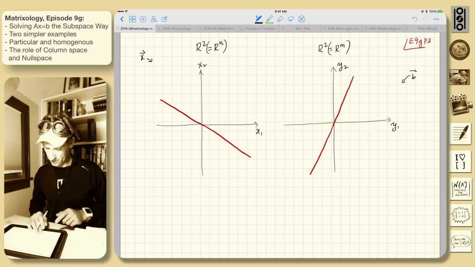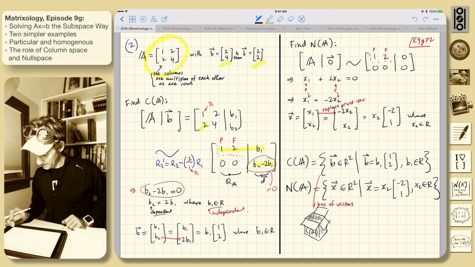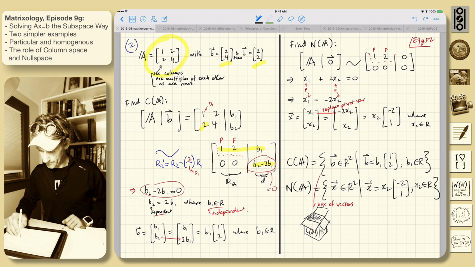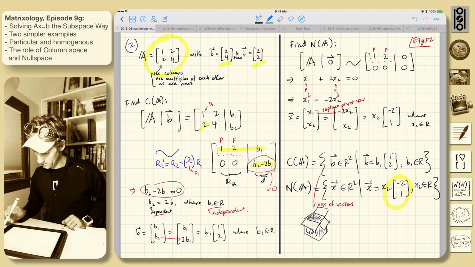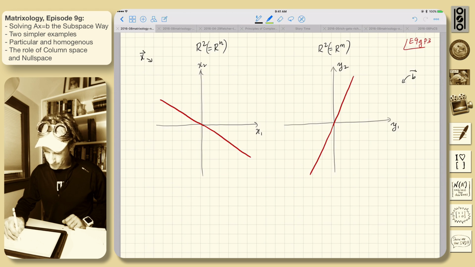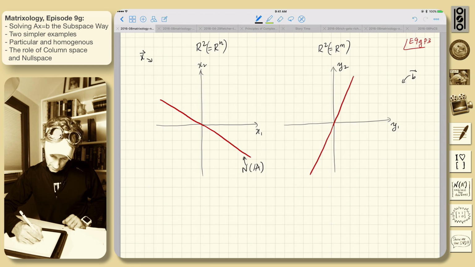So the red line on the left is the null space, right? So it's a multiple of this, (minus 2, 1). So this is the null space of A. It's just a line in 2 dimensions. So let's make maybe (minus 2, 1).